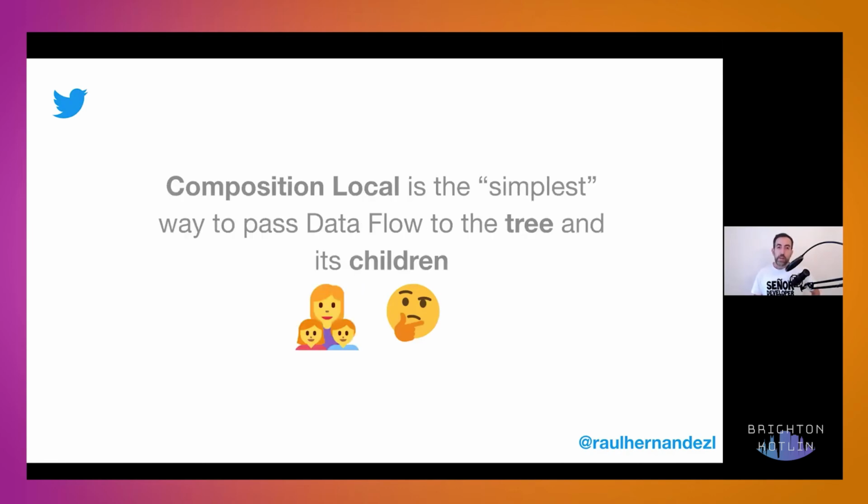Then another very interesting concept is called composition local. That basically is the simplest way to pass data flows to the tree and its children. So what does it really mean? Let's think right now, if you remember what this process tells you, we are starting a composable from a theme, and then we have a first composable.